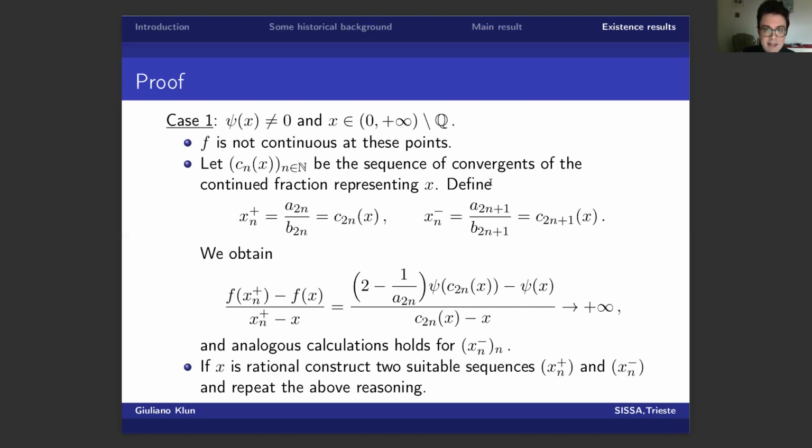The idea is that if x is a over b, we consider a over b plus or minus 1 over 2b to the power n. This guarantees that this sequence converges from the left and from the right to x, and its denominator tends to plus infinity. The case x equals 0 can be treated very similarly.